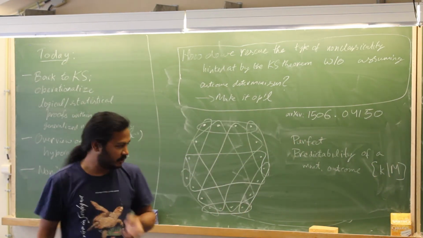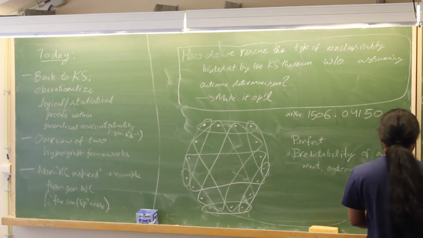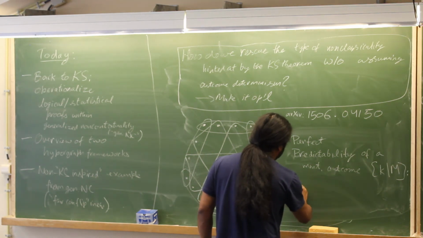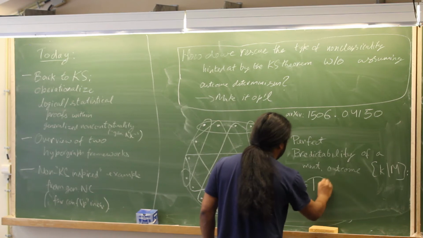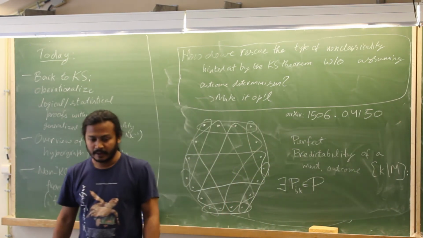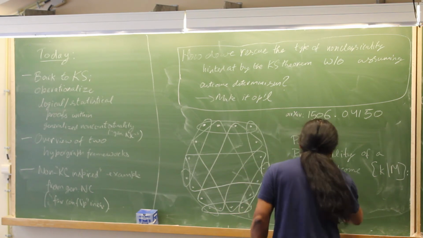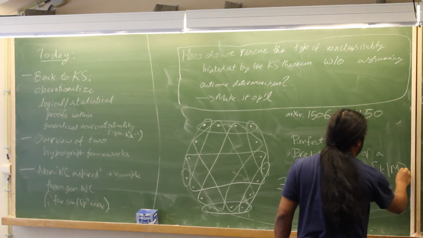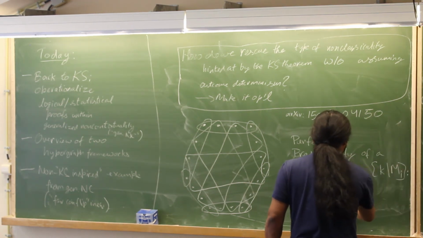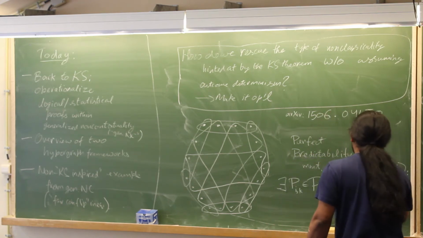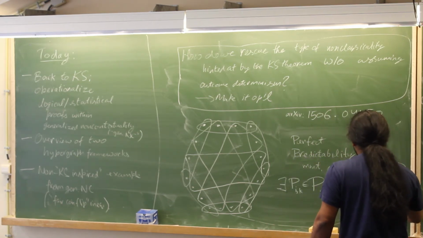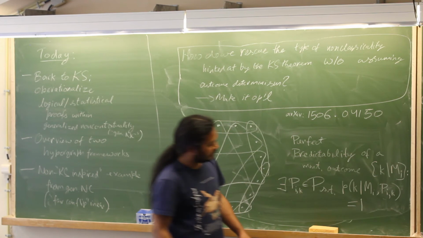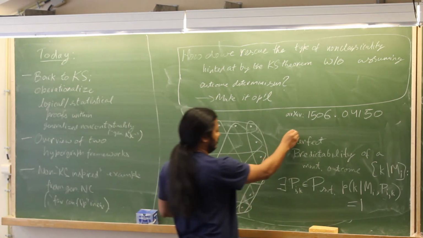I'll call it perfectly predictable if the following is true: there exists some preparation in the theory, call it P, belonging to the set of preparation procedures in the theory, such that the operational statistics dictates that this probability, namely this effect measured on this preparation, is 1. That's just take it as a definition.